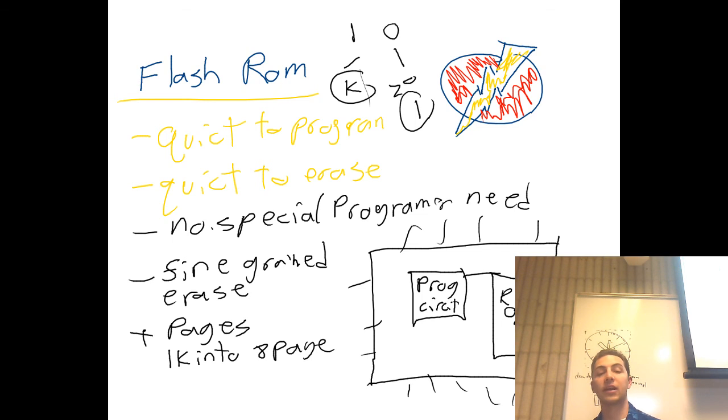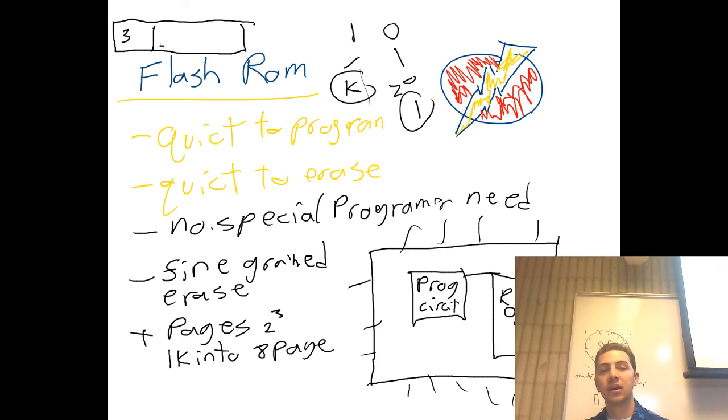Well, the quick way to look at it is 8 is 2 to the 3, which means if you have that 10-bit address, the upper 3 bits are what page you're on. That means your lower 7 bits give how many bytes are in each page. So 2 to the 7 is 128 bytes.